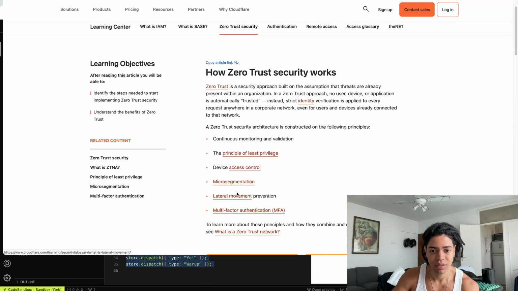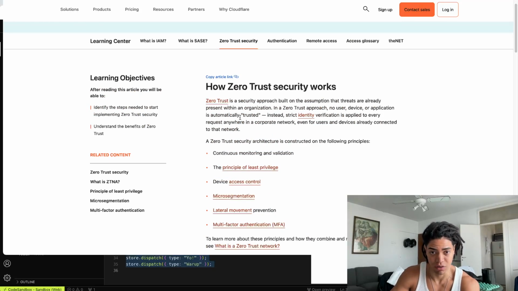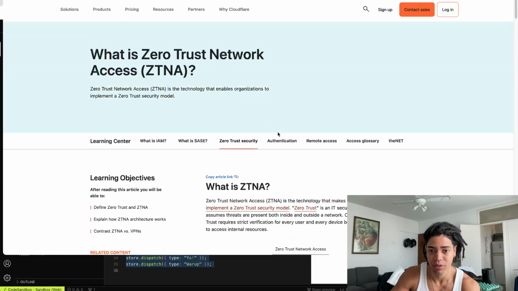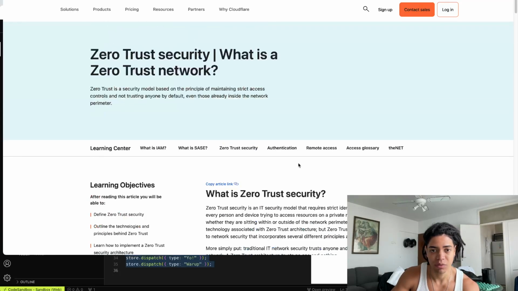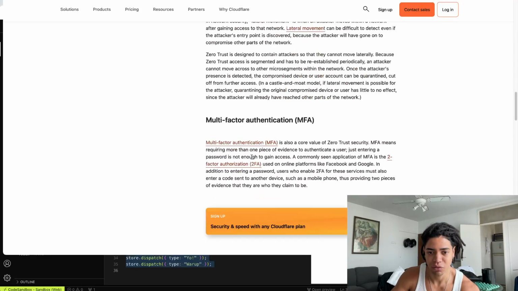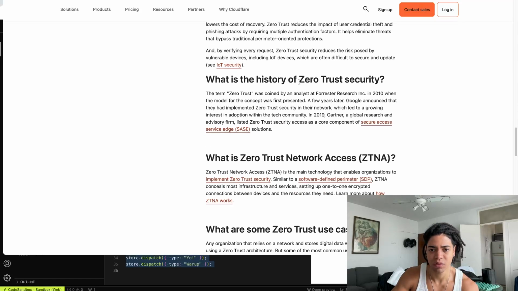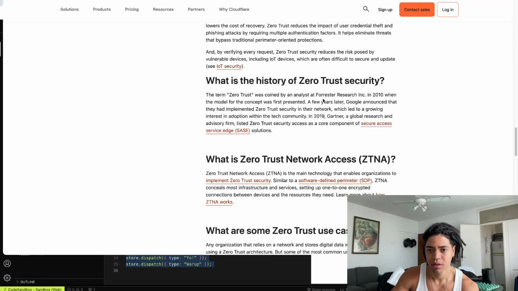All right, and I think this is a good way to understand how important security is for a company and for yourself as well. So zero trust. Okay, the history of zero trust by the analyst firm Forrester Research Inc. I think it's important.